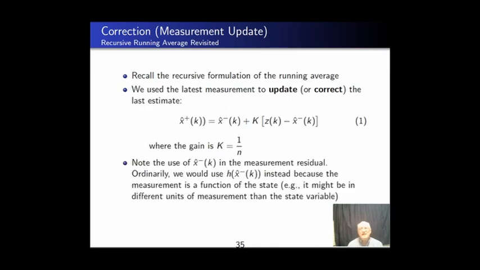Note that in this case with the resistor, we used x hat minus in the measurement residual. Ordinarily, we'd have to apply the h function to it in order to get the actual measurement in the units or coordinates that the measurement is in. So that's what the H matrix does.